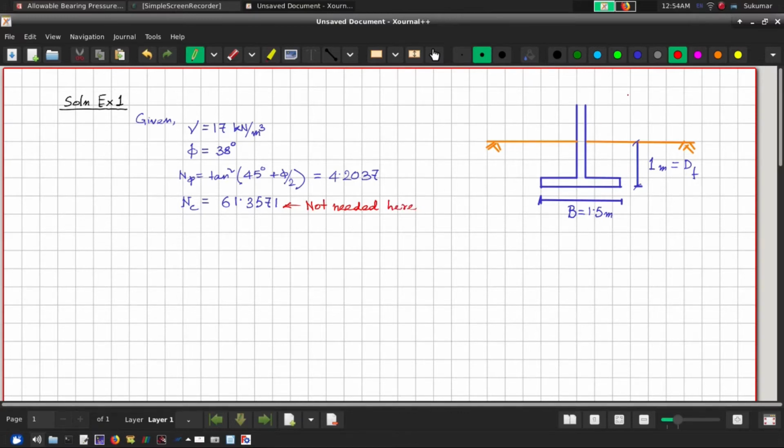Okay, then comes Nq, and Nq is 48.933, and N gamma is 78.024.